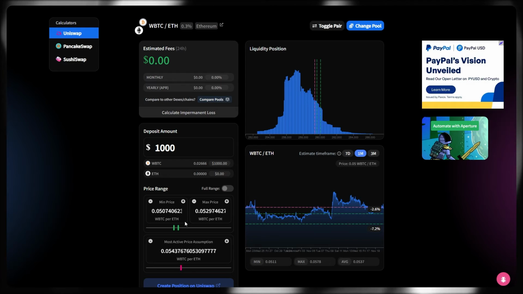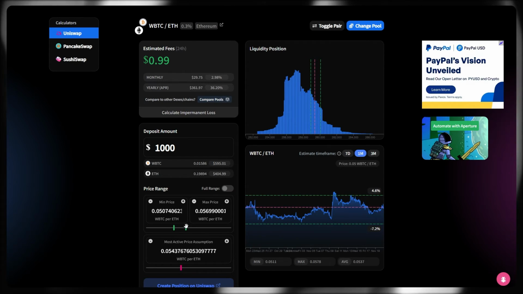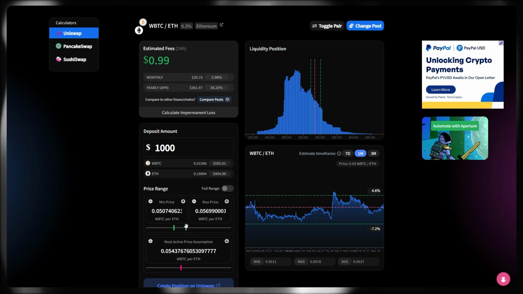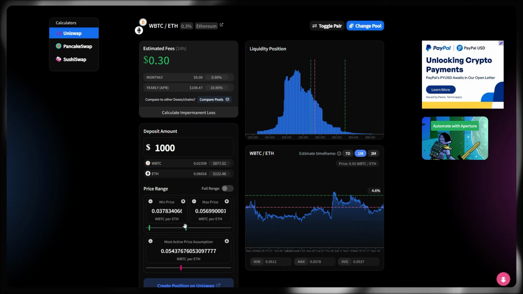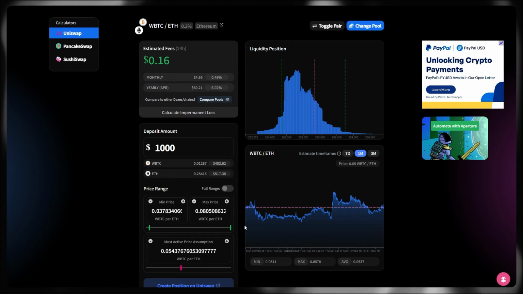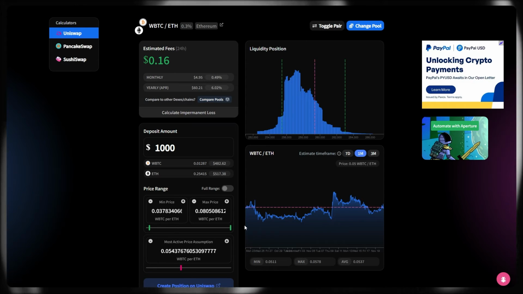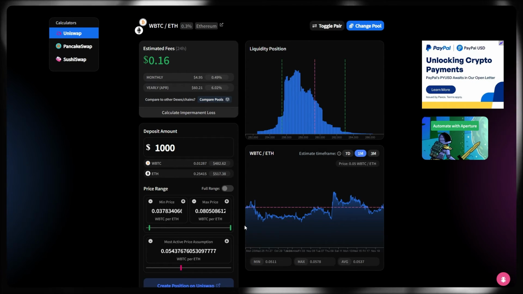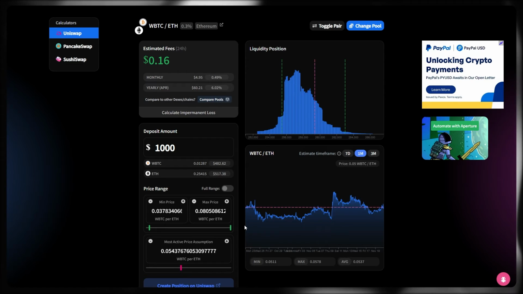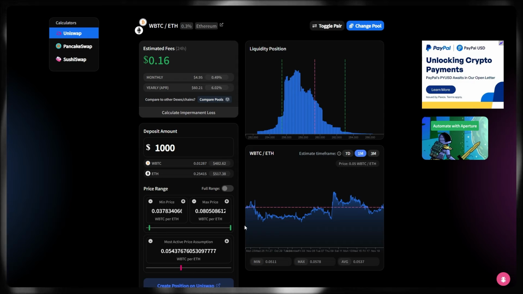So this is continually a balancing act of ensuring that you're setting a wide enough range that you're capturing fees, but also not too wide that you're not capturing enough of the swap fees that are taking place. Hopefully that makes a bit more sense. So the closer you get to the price, the higher the reward. The further away you get from the price, the lower the reward, but the lesser the impermanent loss.